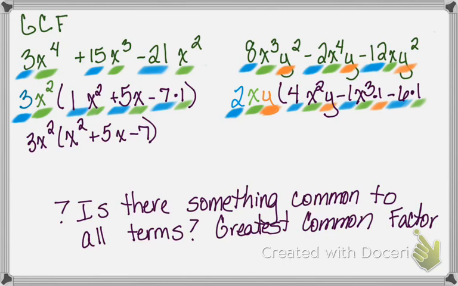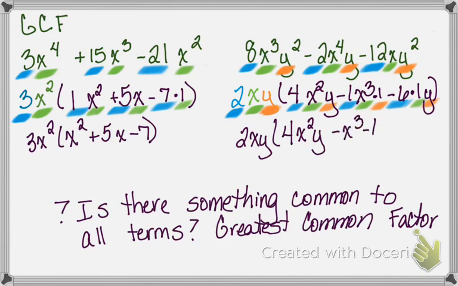And then y times y gives me y squared. Okay, and then so I have factored out a 2xy, and I'm left with 4x squared times y minus x to the third minus 6y.